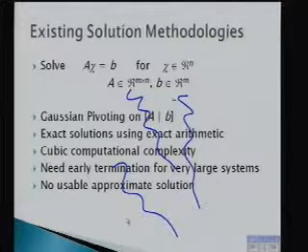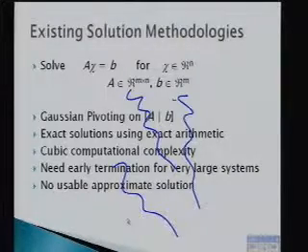It's cubic computational complexity, meaning the computational effort goes up with the amount of data in a cubic way. One disadvantage is that with large systems, if you have to terminate early because you simply can't get it through, there's typically no usable approximate solution.